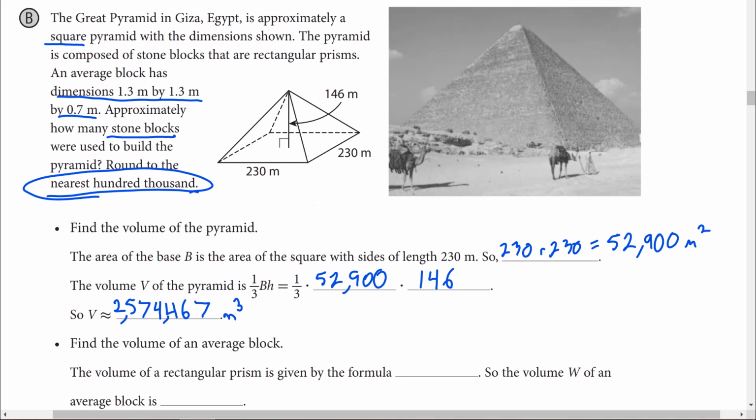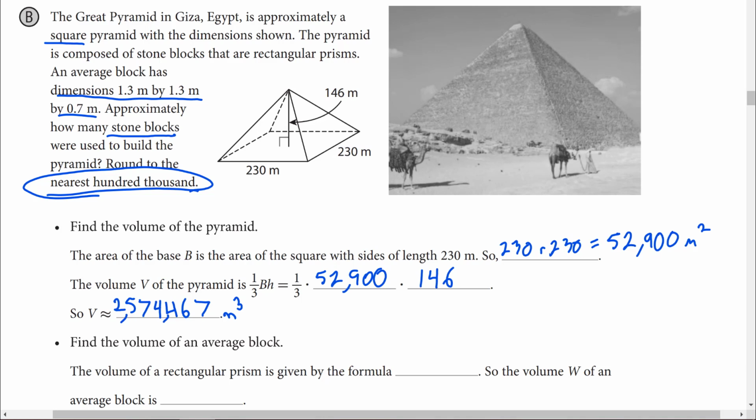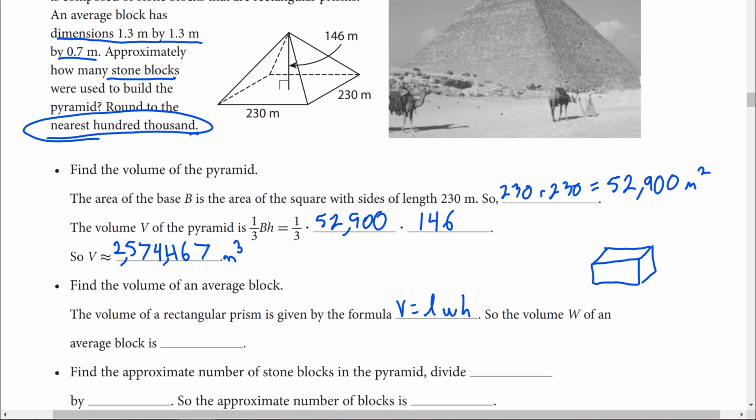Now, to figure out how many blocks it takes to make that, I need to figure out what the volume of a single block is. Well, our blocks are going to be rectangular prisms. So that has a volume of simply length times width times height. They're calling it W, just to keep it different from the pyramid, of 1.3 times 1.3 times 0.7.